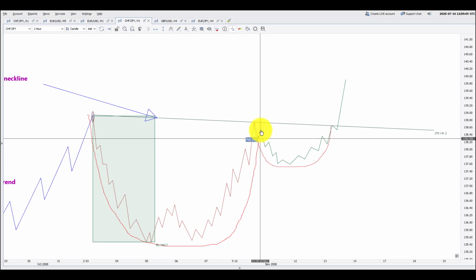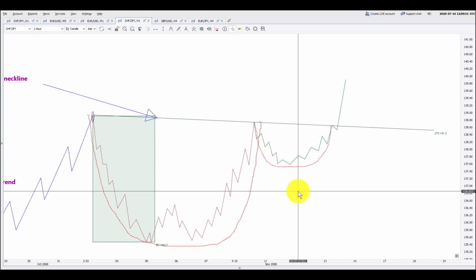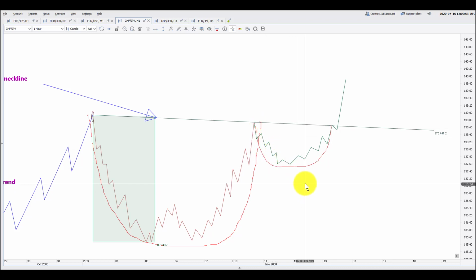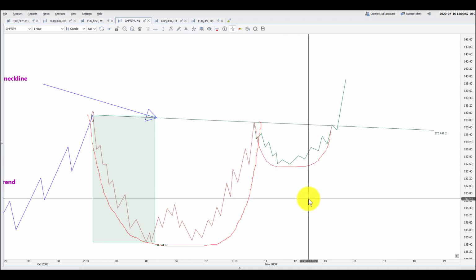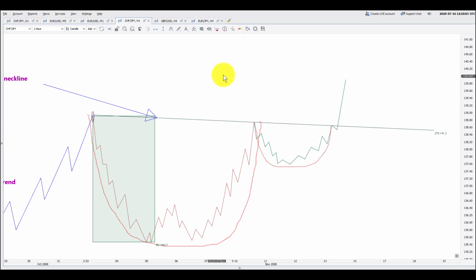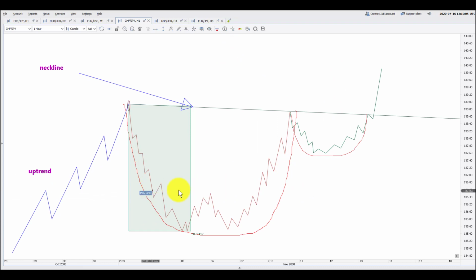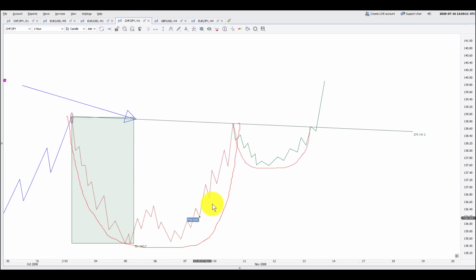But the maximum it can extend to is half of the depth of the cup. If it extends more than half of the depth of the cup, then it is not as good a pattern to trade. And one more thing I want to remind you about is the cup's length. The cup can take more than 6 months also. If it takes 6 months to form a cup, then it is an ideal time.